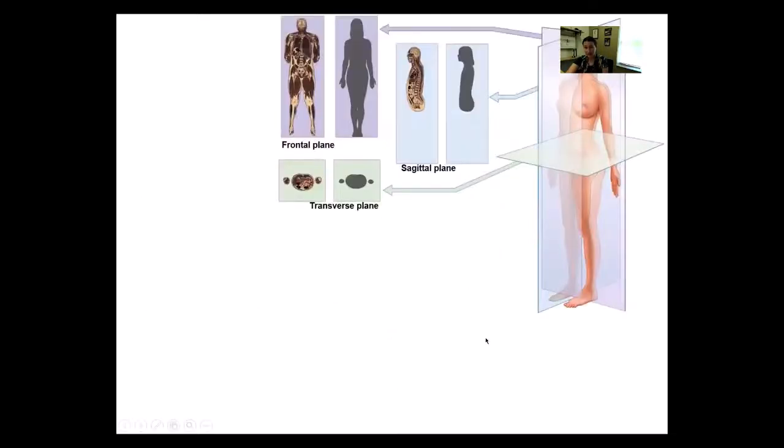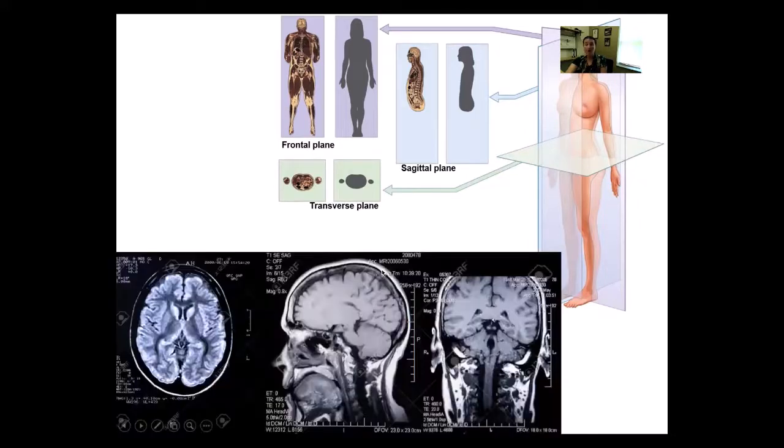Now, in terms of humans, we can of course make sections with a knife or with an imaging technology along any of these planes or oblique. And so knowing what these planes look like and where exactly they are in the body really helps us to understand the tissues that we're viewing. So, for example, these are 3 different scans of a brain.